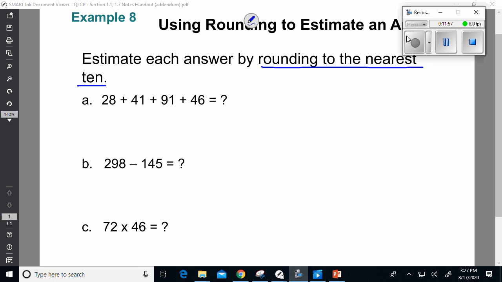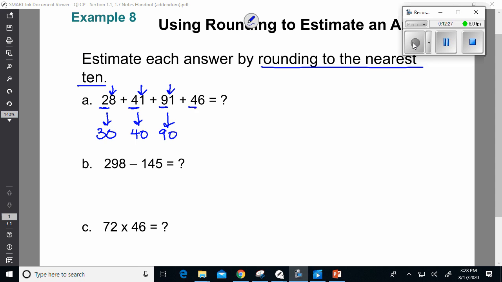So for part A, 28, 41, 91, and 46, we're adding them together. 28 would round to 30. 2 is in the 10th place, and there's an 8. 41 would round to 40 for the 1 behind it. 91 would round down to 90.